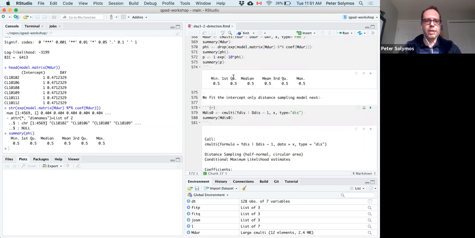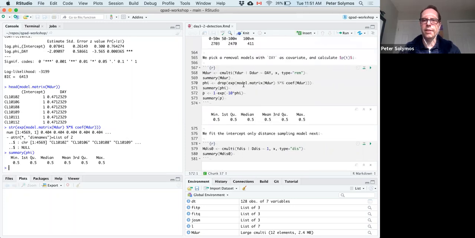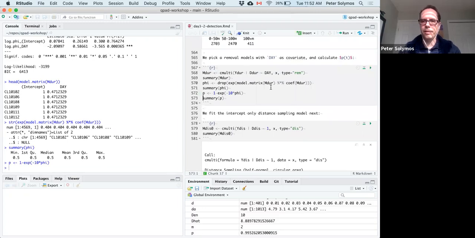So we get this summary. And this is strange. Oh, that might be because... okay. I'll investigate later why we are getting a constant number. Let's just go ahead for now.